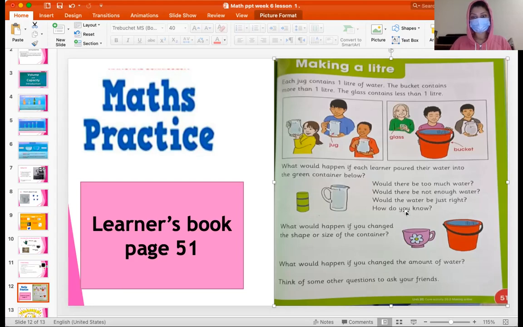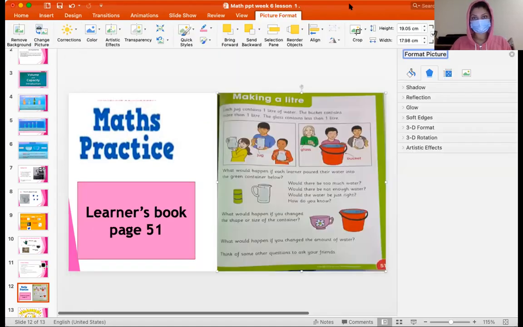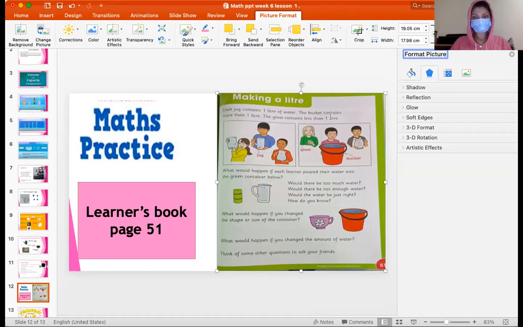How do you know? Because of the capacity of each one of them. Because the capacity is different. Okay.